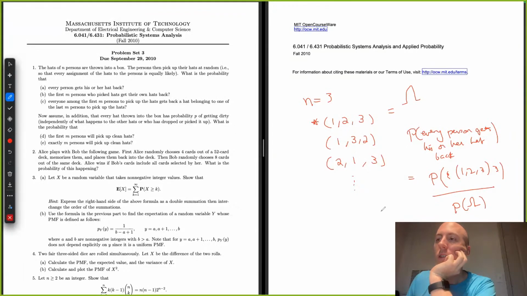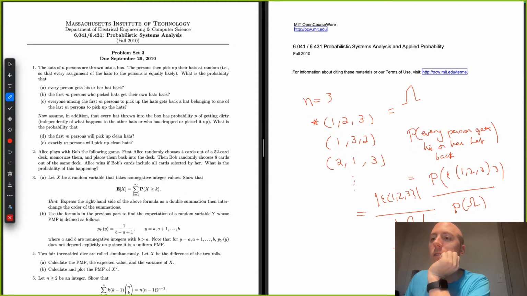But since this is just a counting problem, every outcome is equally likely. This is just equal to the cardinality of {(1, 2, 3)} over the cardinality of omega.